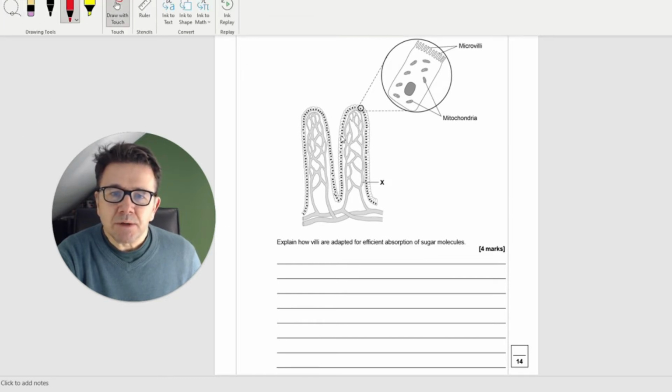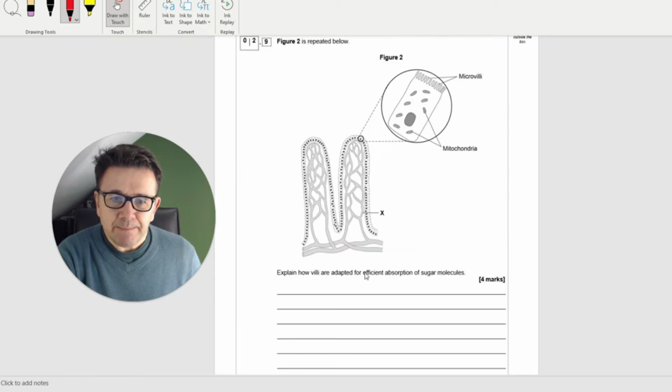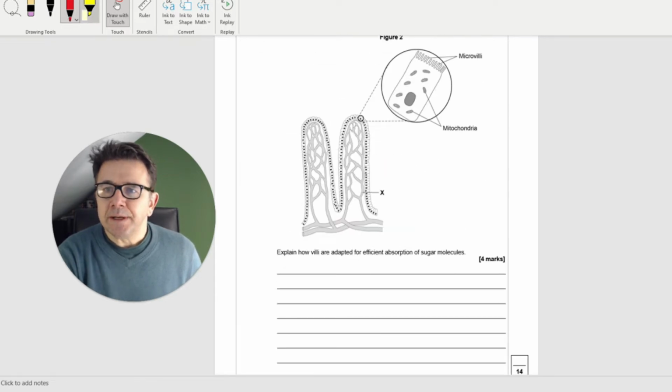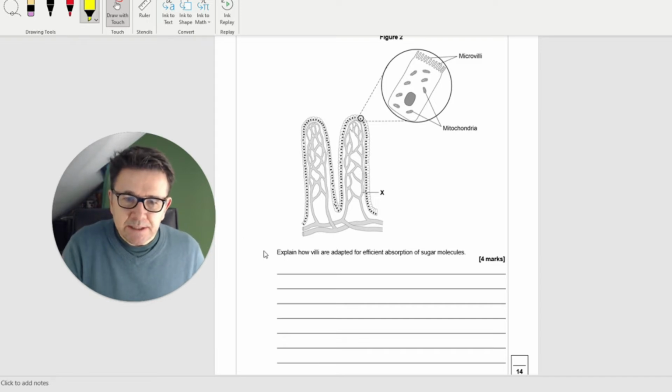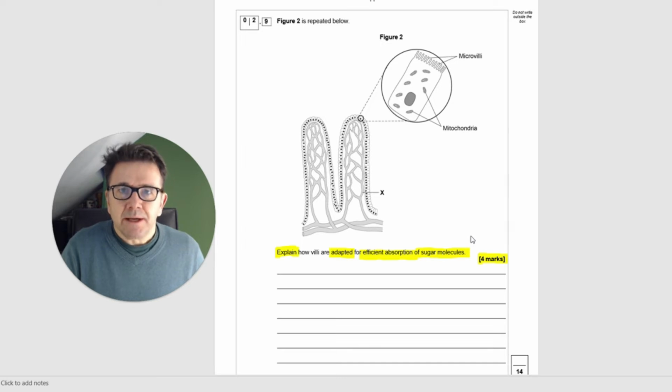So you don't need to know too much about the villi because they give you a labelled diagram, but it does say, let's just use my highlighter, it says explain how the villi are adapted for efficient absorption of sugar molecules. You get 4 marks. So this is about gas exchange. So you've got to mention the structure, and then you've got to explain why that structure is useful for the efficient absorption of sugar molecules.